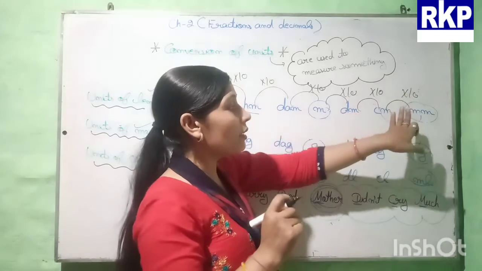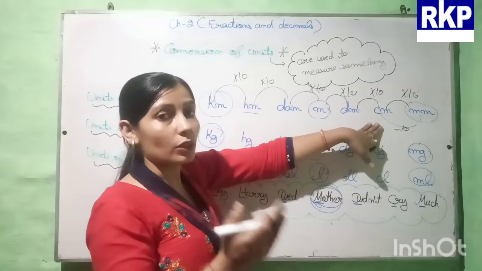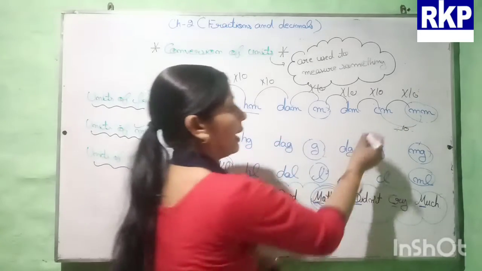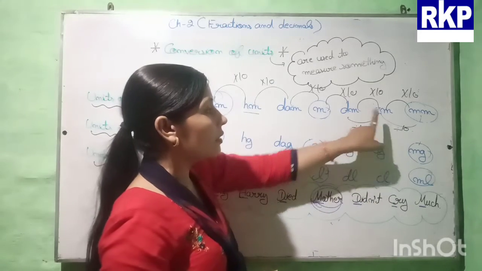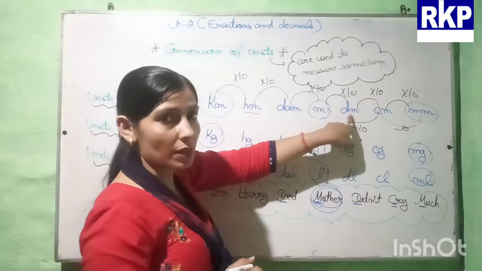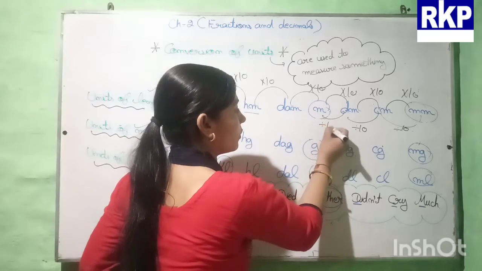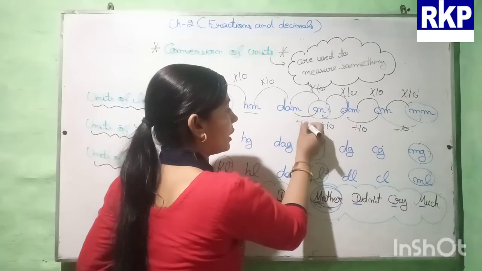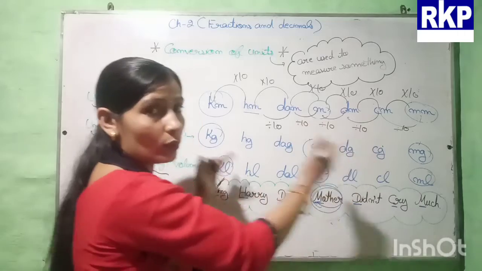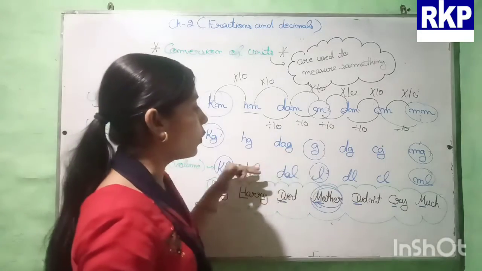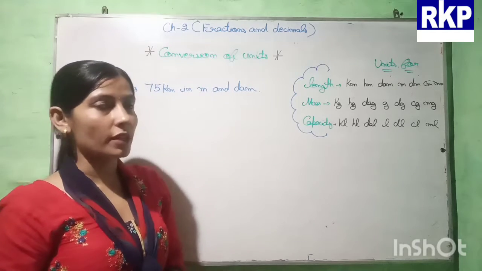But if we convert millimeter into centimeter, we need to divide with 10. If we convert centimeter into decimeter, we need to divide with 10, and for each step we need to divide with 10 when we move from right to left. Now students, let us take some examples to understand this topic.